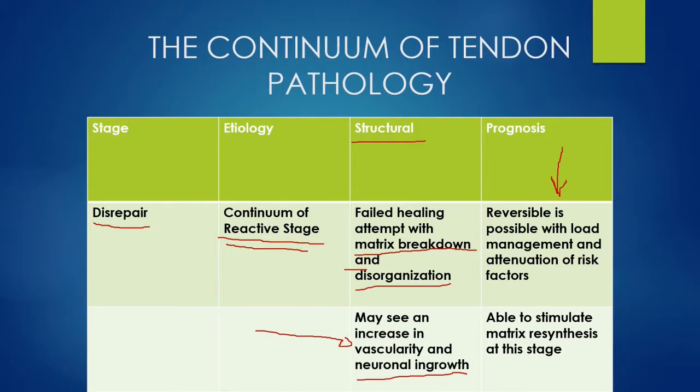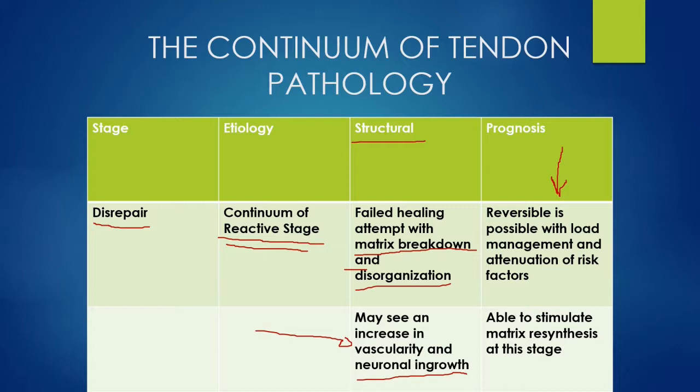Intrinsic risk factors are factors within the individual themselves, such as their age, their physical condition, whether or not they're a smoker, or whether or not they are obese. So those are intrinsic risk factors. Extrinsic risk factors have to do with the nature of the repetitive activity.